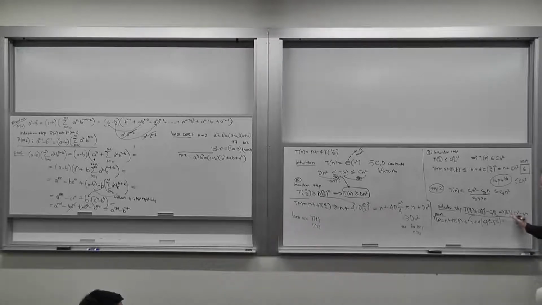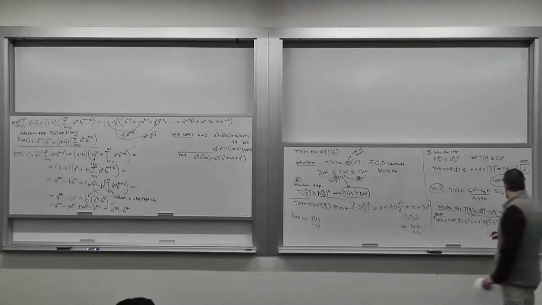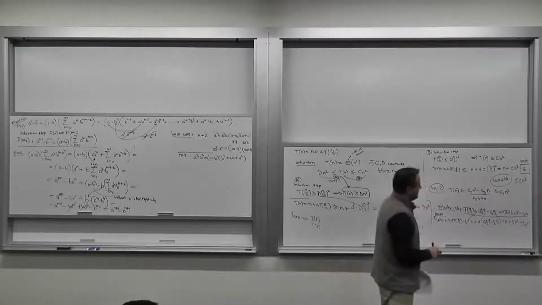If I open up this parenthesis, n stays. With the 4, the 4 goes away with the 2 squared, leaving C1 n squared. Minus, how about here? C2 and a half, times 4, so 2 C2 n. Good.